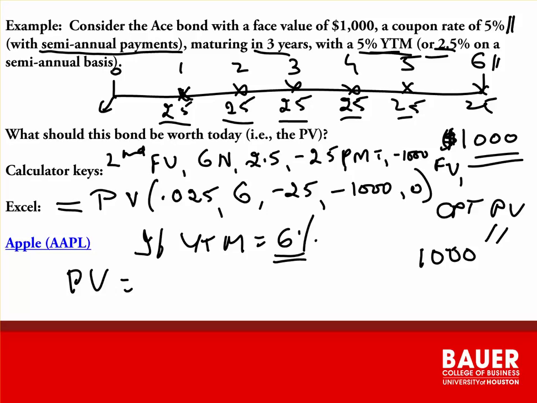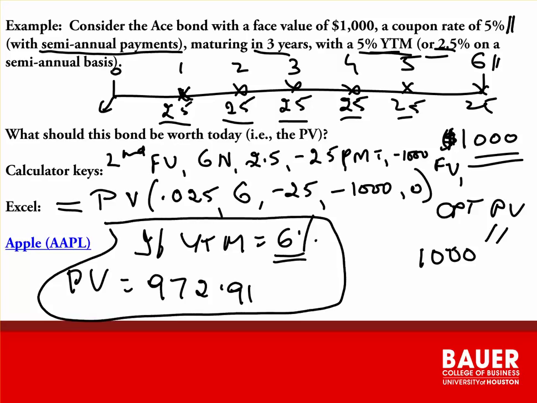And if I compute present value, then I get 972.91. So in this case, everything else is the same except we've assumed a higher discount rate. The point is that as your discount rate goes up, the present value goes down. We'll talk about this Apple case in class. Just wanted to pull up an example of that.